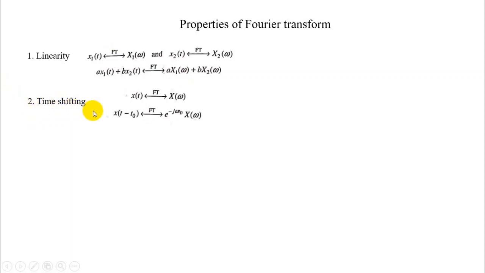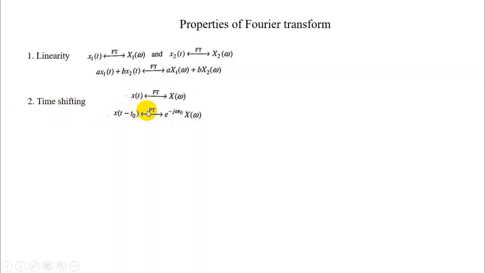As we have discussed in several lectures, there are many properties in signals and systems. In this lecture video, I am presenting the properties of the Fourier transform.